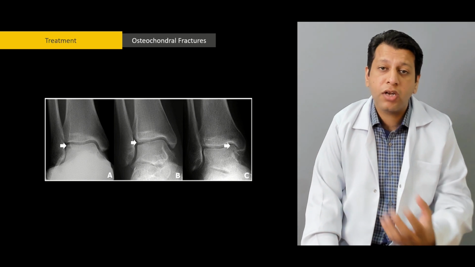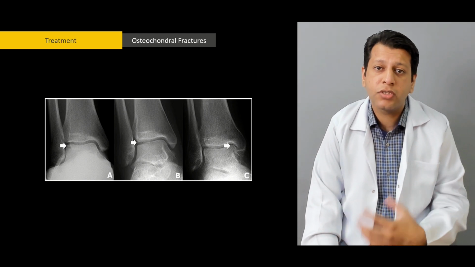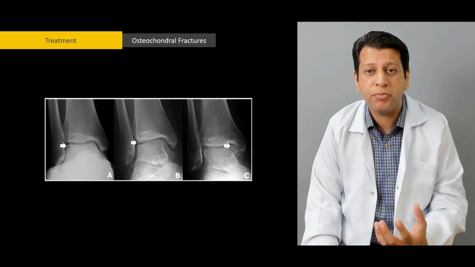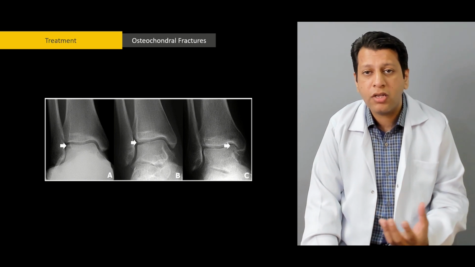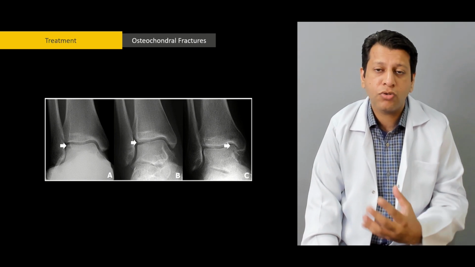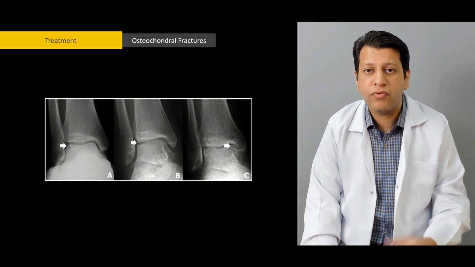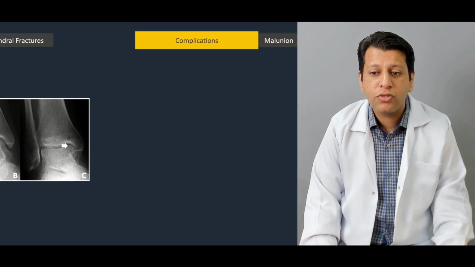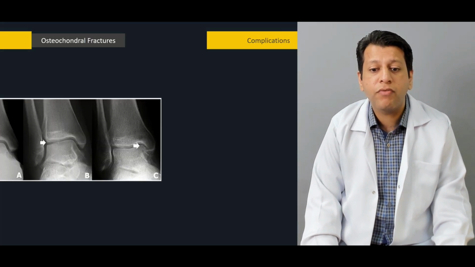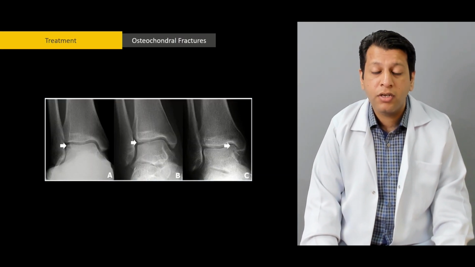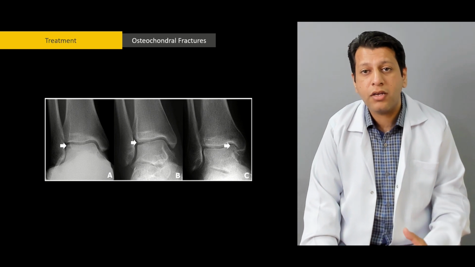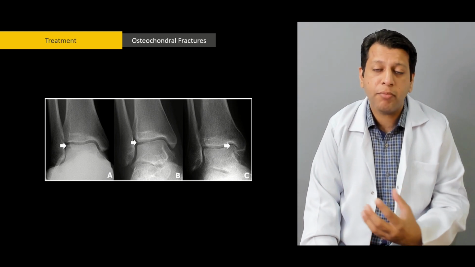Now there are different classifications as well depending upon the size and the site of involvement, but usually different classifications are used differently, and there's not a lot of difference when it comes to the prognostic value of these classifications. So coming to the treatment of these osteochondral fractures. Now osteochondral fractures can be treated depending upon the size.